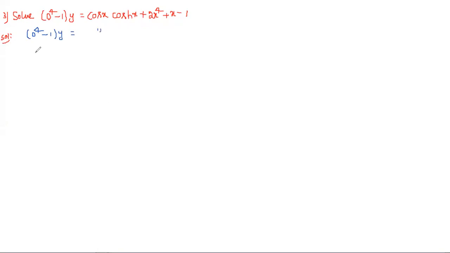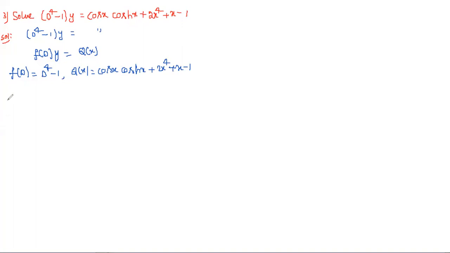Now which is in the form of f(D) y = Q(x), where f(D) is nothing but D^4 - 1 and Q(x) is nothing but cos x cosh x plus 2x^4 plus x minus 1.